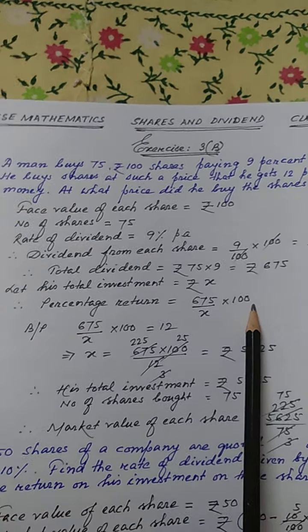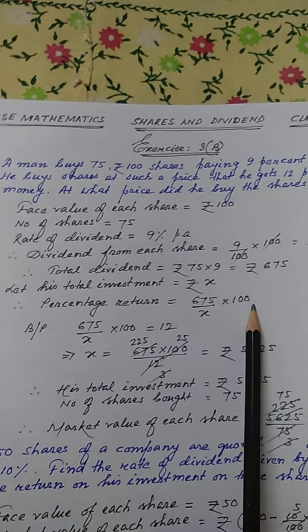So here 50 rupees is the face value and quoted at a discount of 10%. That means market value of the share will be 10% less of the face value. So find the rate of dividend given by the company.